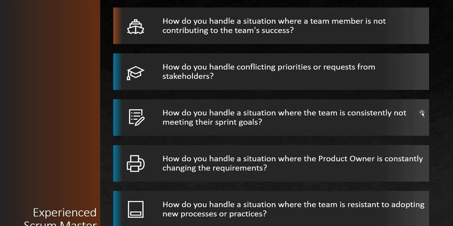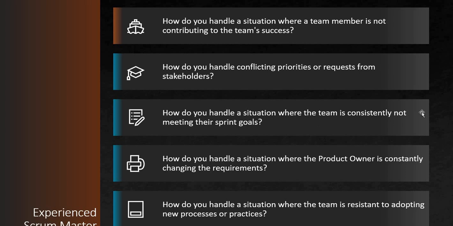I would also encourage the product owner to provide clear and consistent requirements to minimize the disruption to the team's workflow.